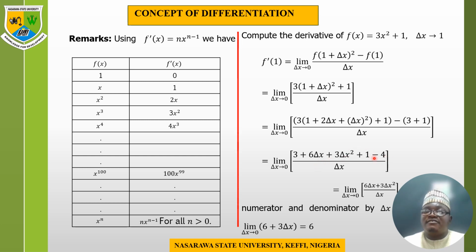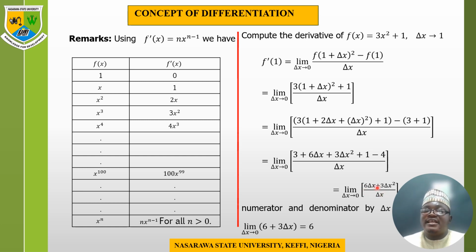The reason why we don't have this one in the next step is because 3 plus 1 is 4, and 4 minus 4 is 0. Then we are going to be left with this function as the increment of x tends to 0 on both sides. Our next step is that we factor out the increment of x outside.